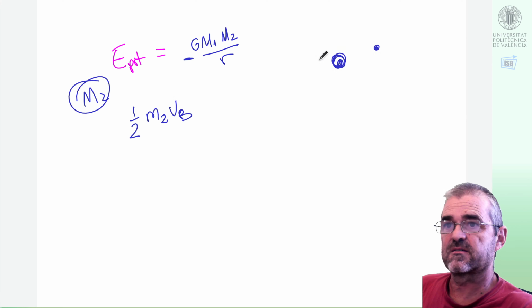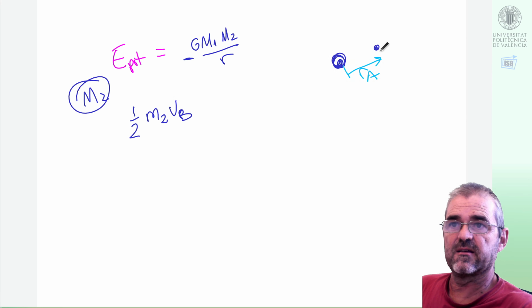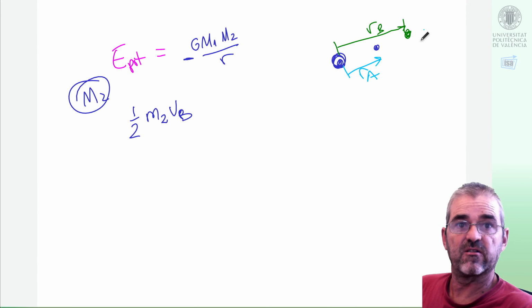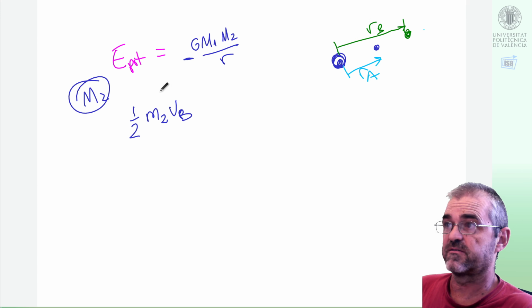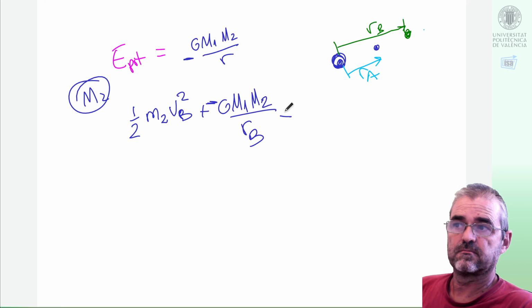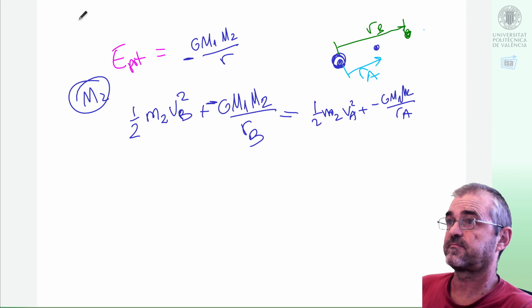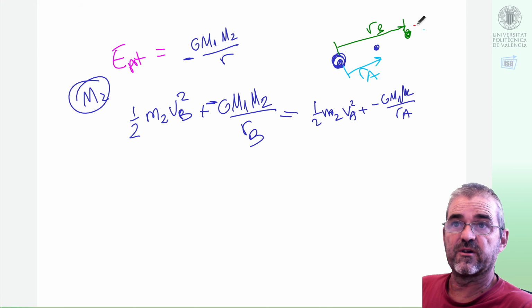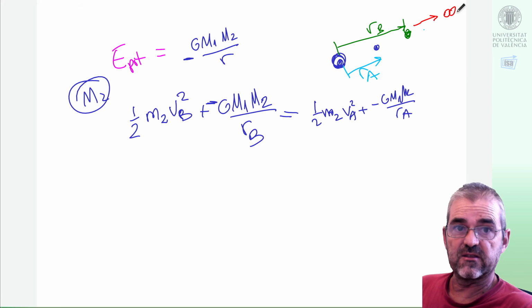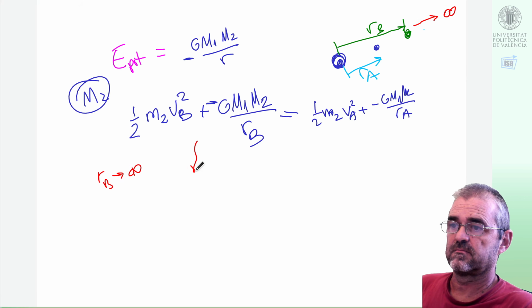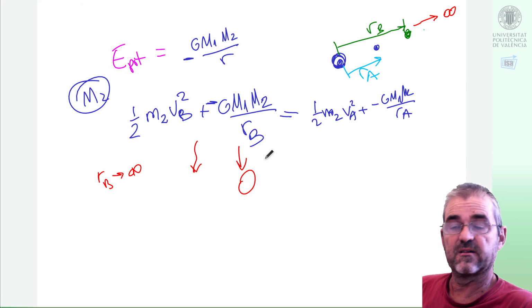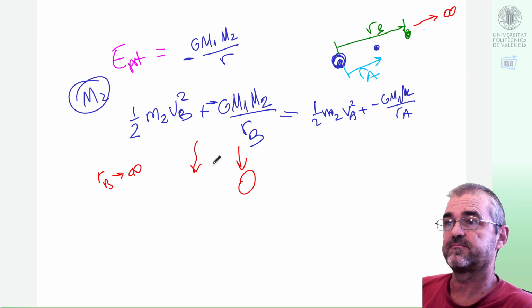If we are at a distance, let's say RA in configuration A and RB in configuration B, energy is conserved. So potential plus kinetic must verify this. Then if configuration B, we make it tend to infinity, then we get 0 of potential energy when we go infinitely far away from the heavy body.